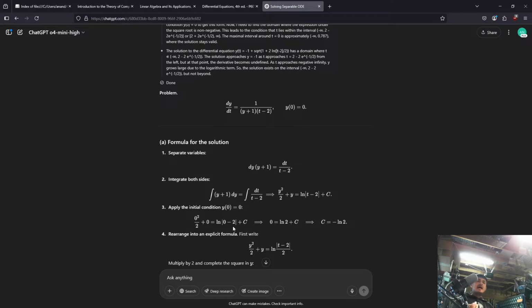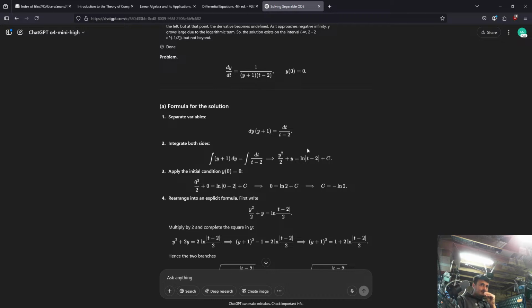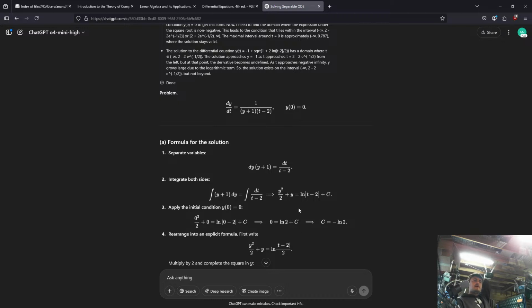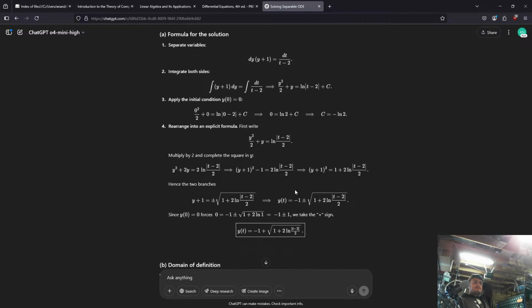The plus and minus and the absolute values are actually killing me right now. Wait, is it 1 plus y? Oh, God. Dude, I am so cooked. Oh, seriously? You have to complete the square to solve this thing?